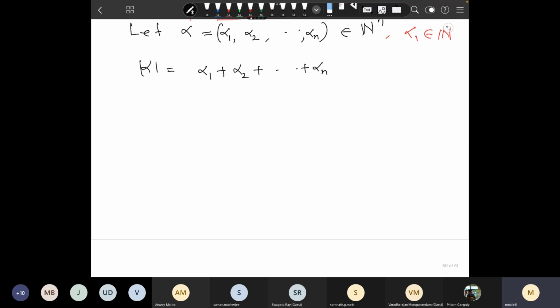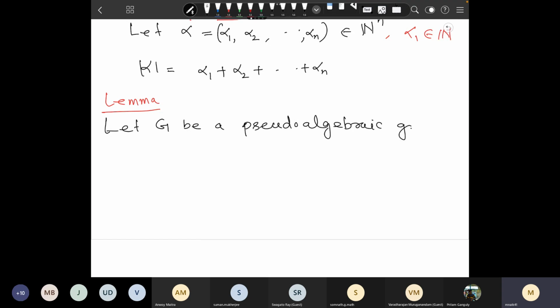Okay. So I will start with a lemma. Let G be a pseudo-algebraic group, and let H be equal to diagonal of (h1, h2, ..., hn), where each hi is a real number.